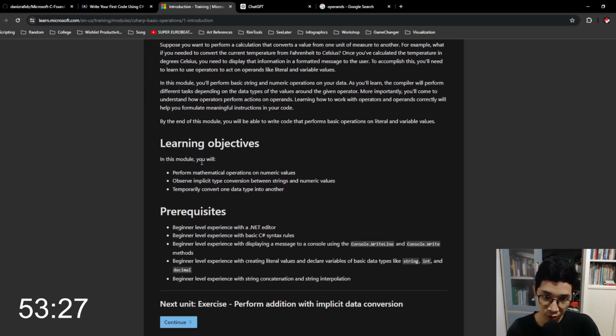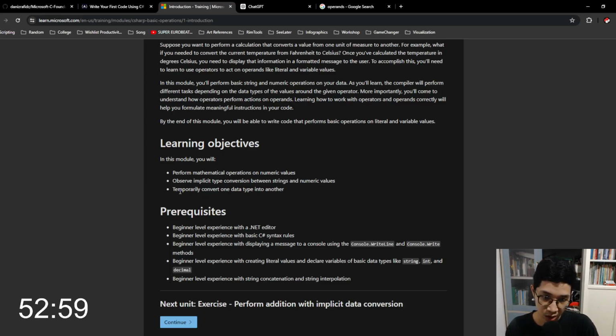Okay, in this module you will perform mathematical operations on numeric values, observe implicit type conversion between strings and numeric values. So like if 3 was considered a string, you can actually convert it to an integer and make a calculation on it after that.